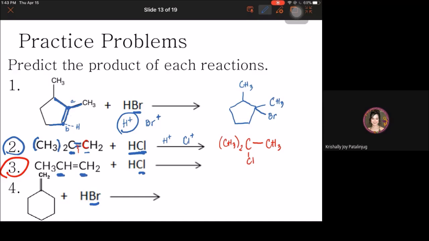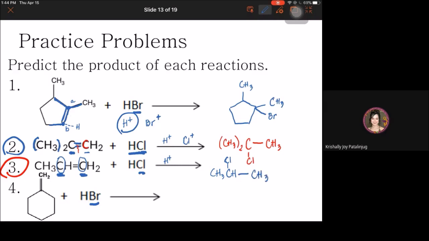On the right side, two. Again, only the double bond carbons are involved in the reaction. Look at how many hydrogens each has. The H+ goes here. Okay? So the major product is CH3, and the Cl goes here, with one bond only, then CH3.